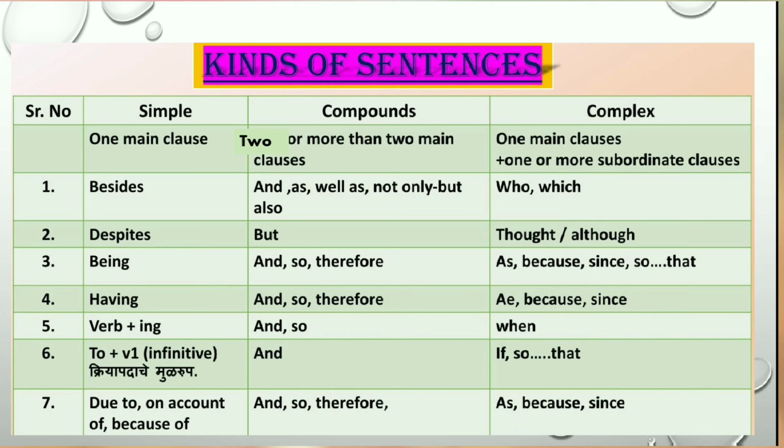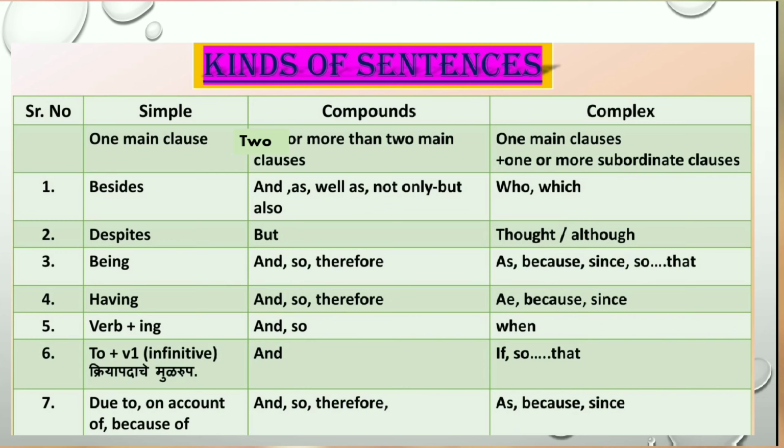Again, despite, if it is used in a simple sentence, you can change it to but to make a compound sentence, and though or although in a complex sentence. Also, if being is used in a simple sentence, you can change to and, so, therefore to make a compound sentence, and also as, because, since, so that to make a complex sentence.